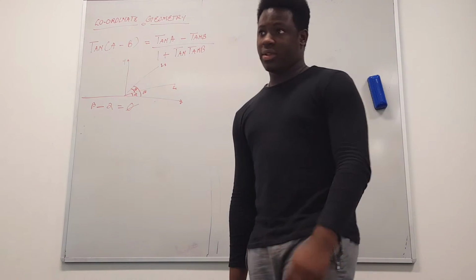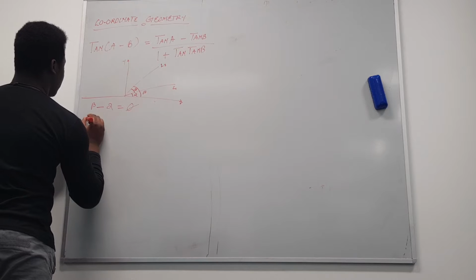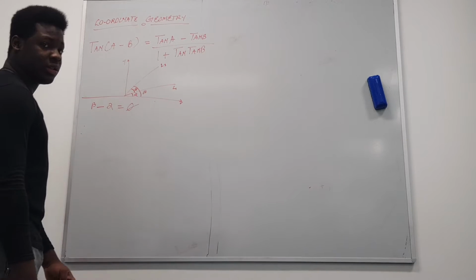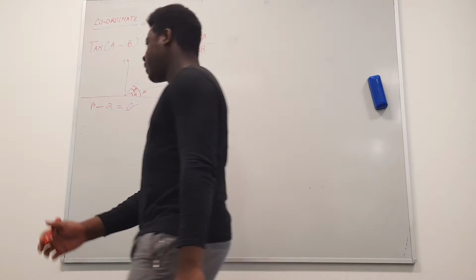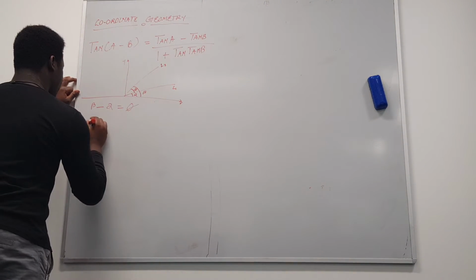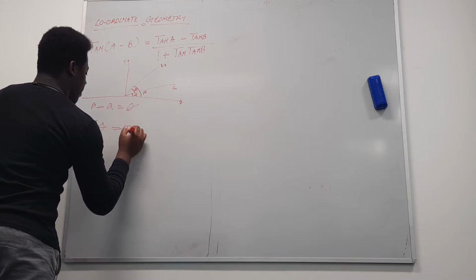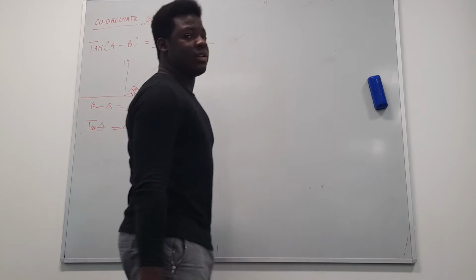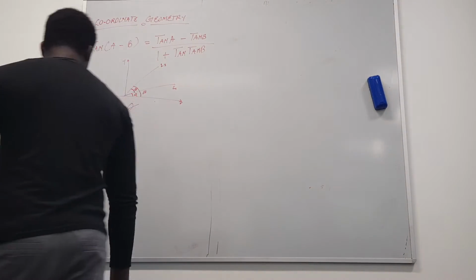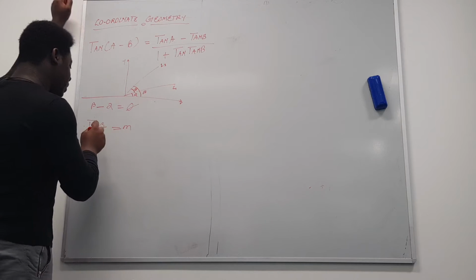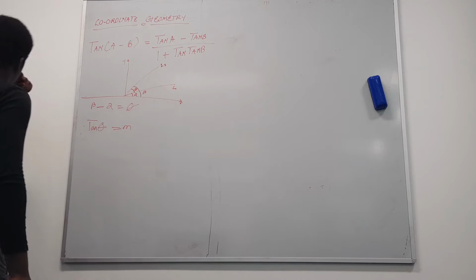I want you to recall something. In the last video, I was able to, I hope, convince you that this fact is true: that tan of theta is equal to the slope of the line, where this angle theta is the angle between the line and the x-axis.